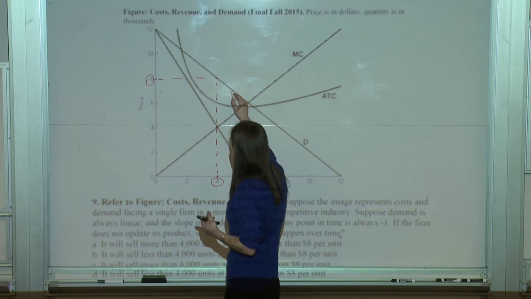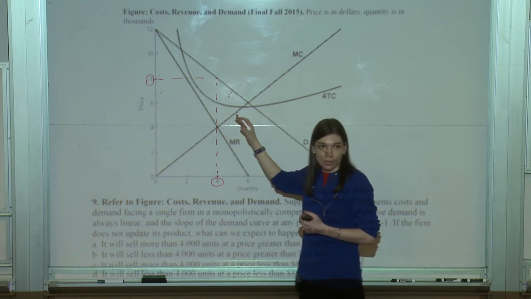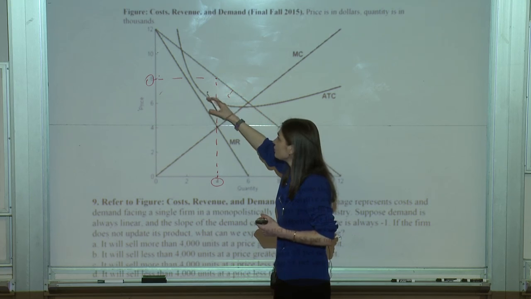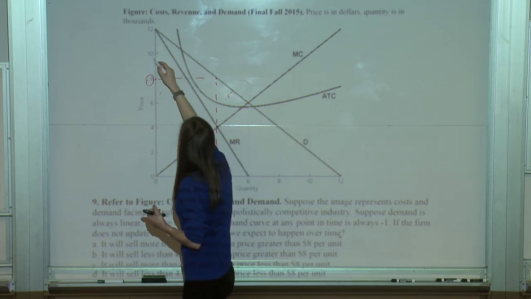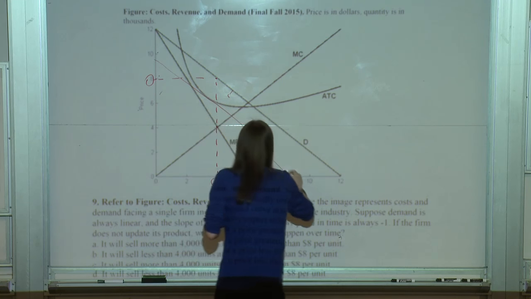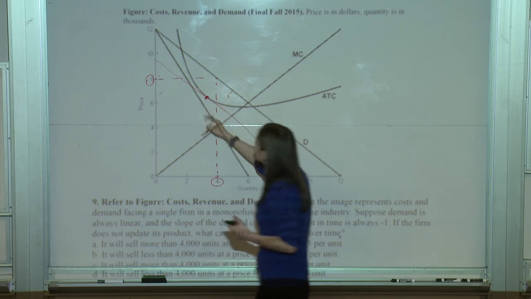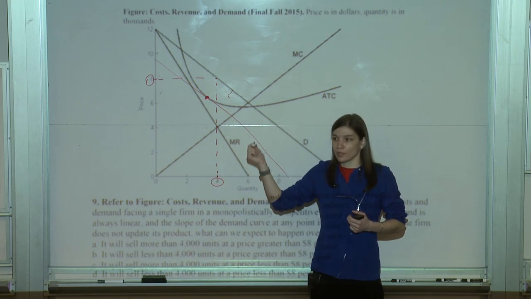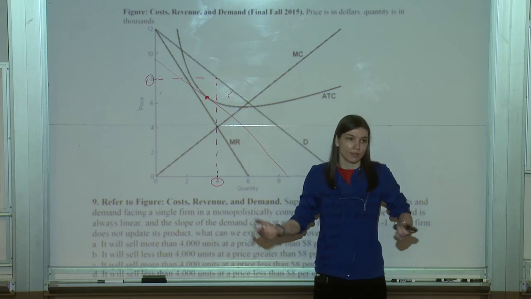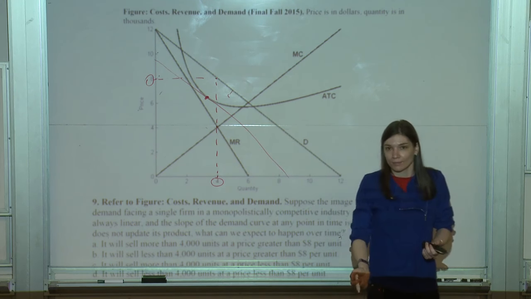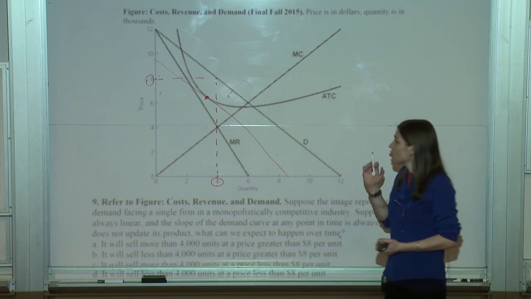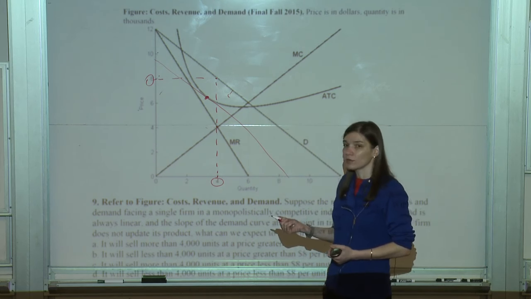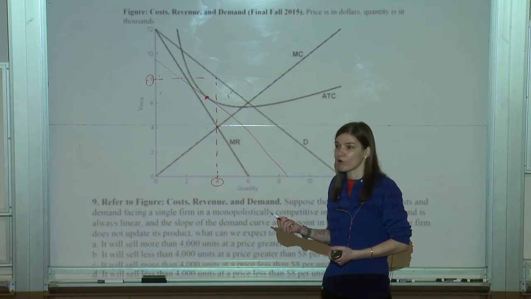The demand is going to have exactly the same slope, so it's just going to shift, shift, shift until right here somewhere, until we reach a point at which it's no longer profitable. There's then no incentive for anybody else to enter or exit. So in the long run, still nobody makes a profit.